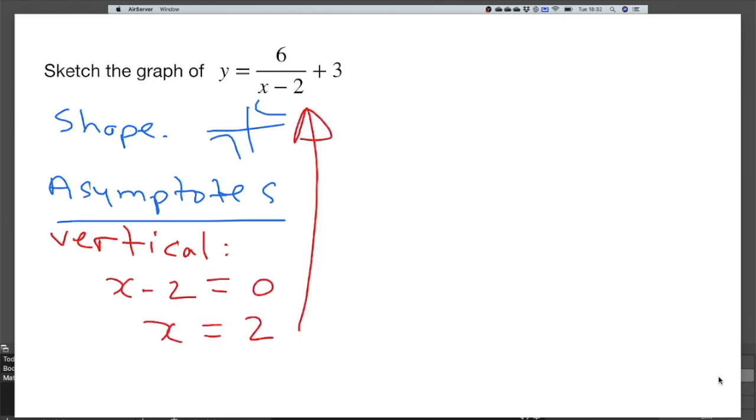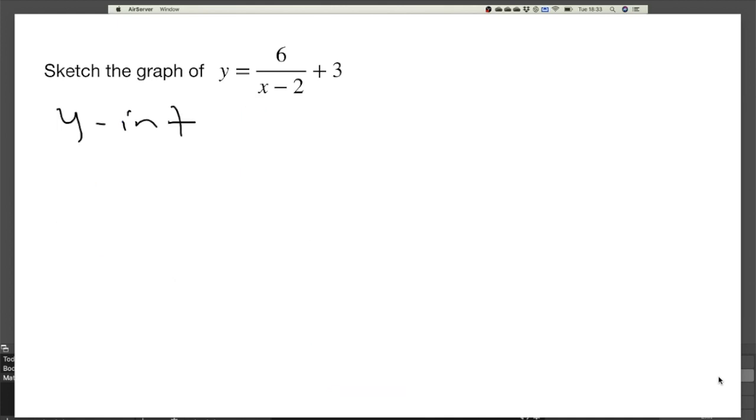So the vertical asymptote is x is equal to 2. What about the horizontal asymptote? The horizontal asymptote is always given by y is equal to q. In this case, y is equal to 3.